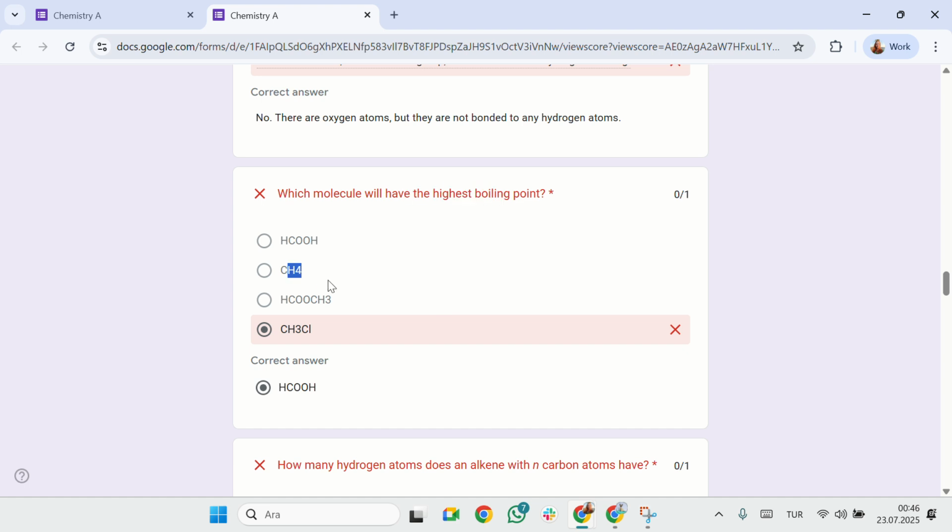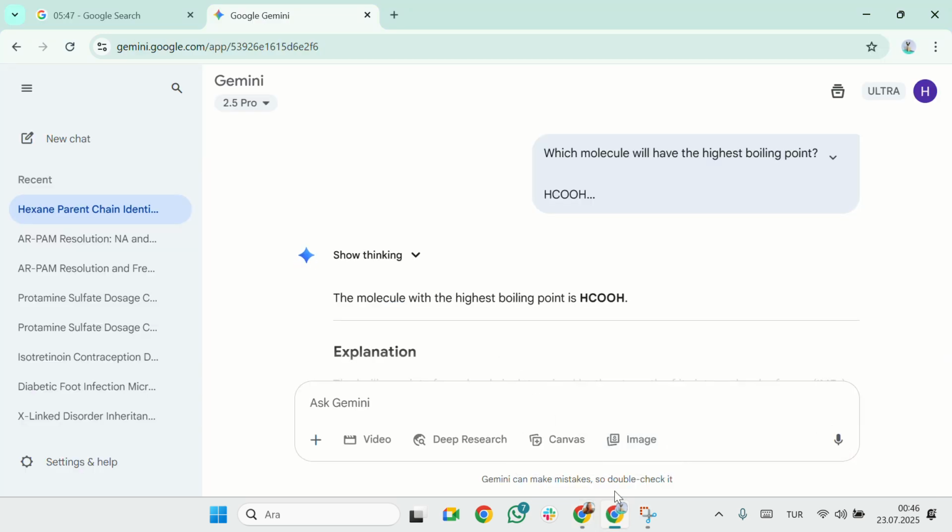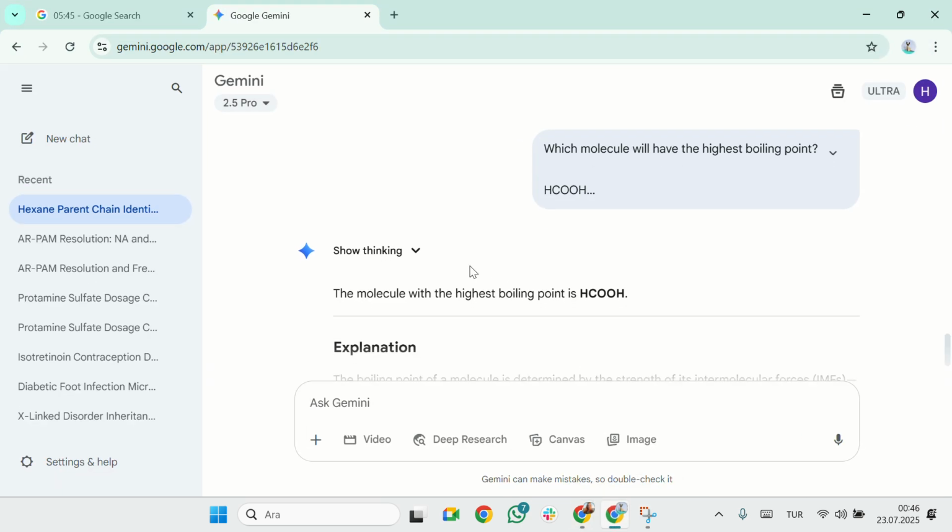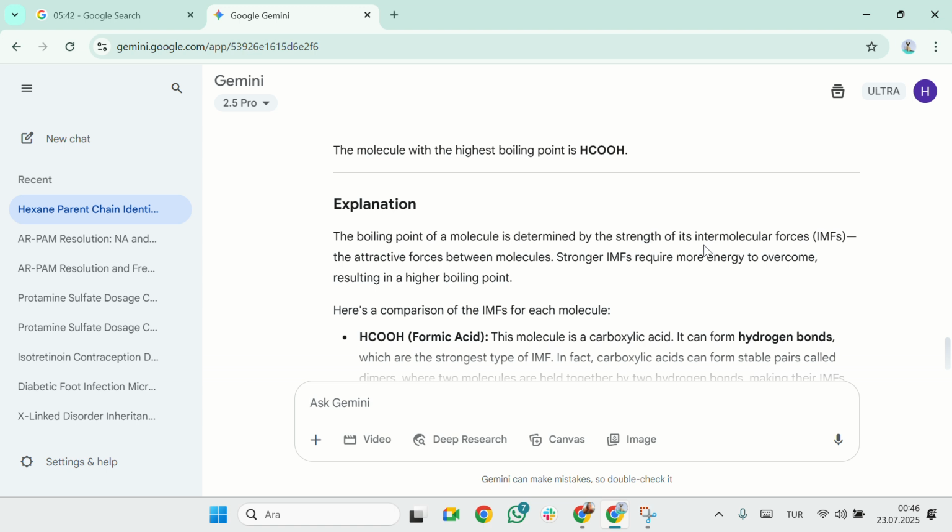So CH4, these are like carboxylic acids as before. But I was thinking this seems like an ionic molecule. HCOH, boiling point is determined by the strength of forces, the attractive forces between molecules. IMFs require more energy to overcome.